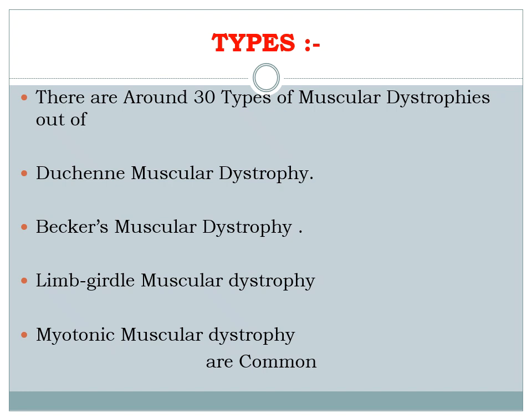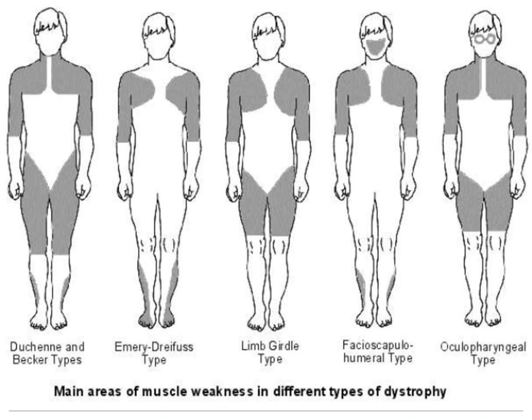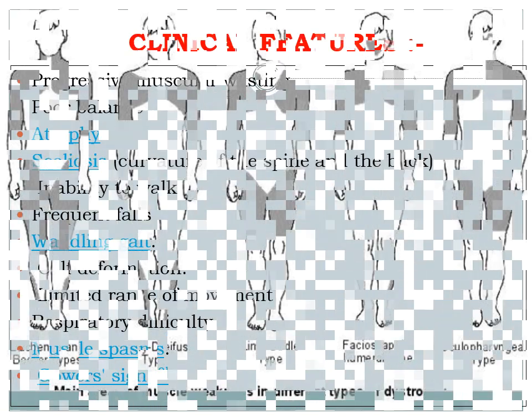These are the common types that affect people, but there are around 30 types. Look at this picture. You can see what areas will be affected by these types. It's mentioned one by one. Main area of the muscle weakness in the different types of dystrophy.